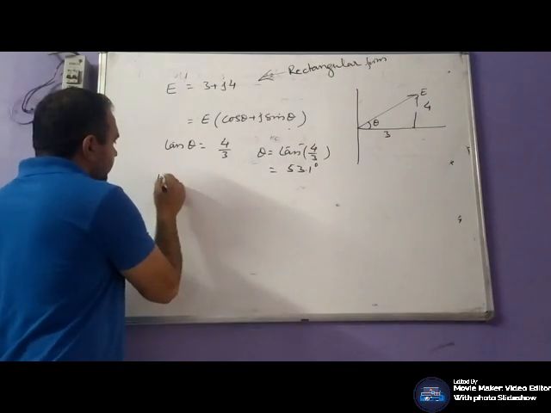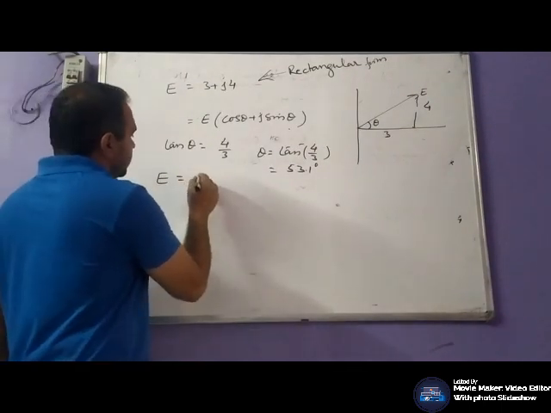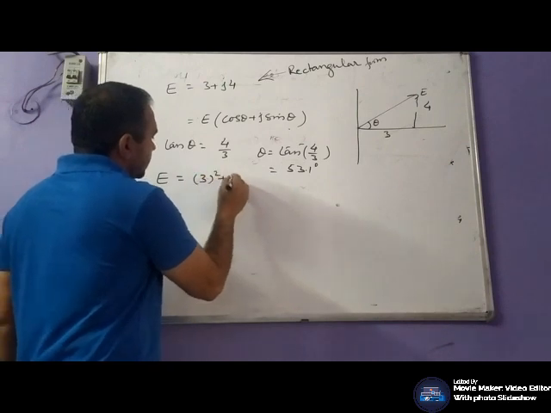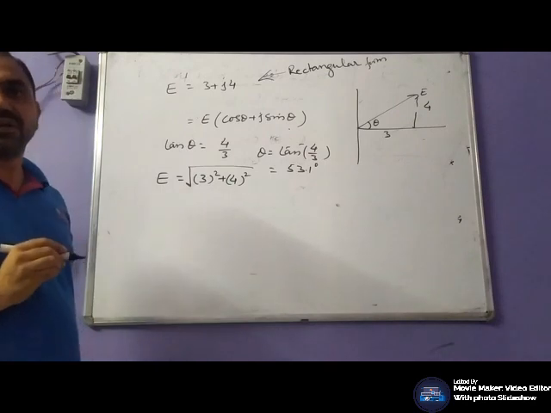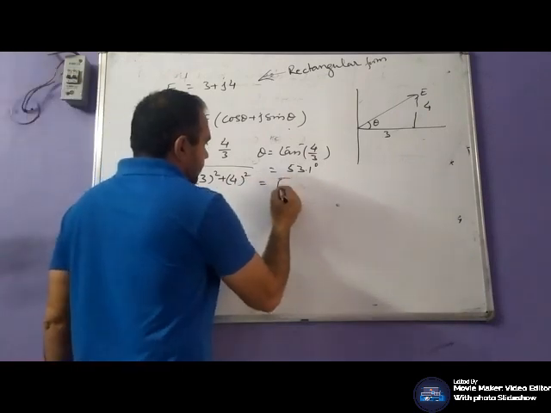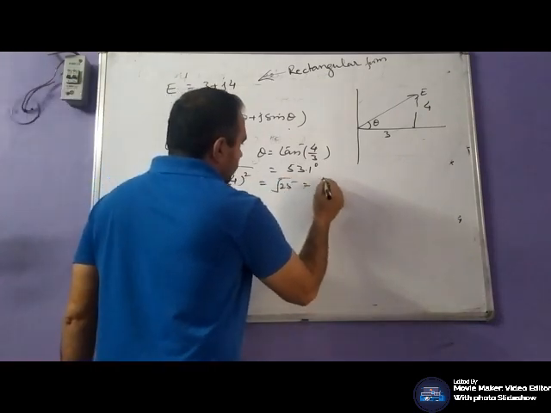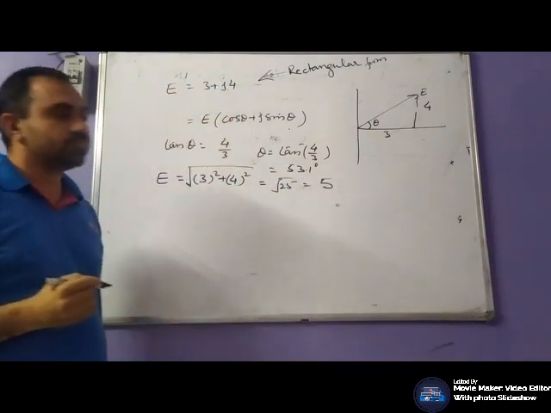Magnitude, you have to find out what is E. 3 square plus 4 square under the root, and it will be 25, or 5.